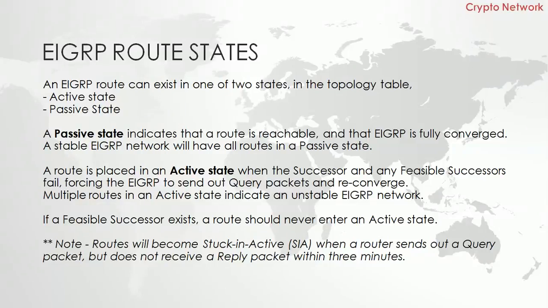Meaning, when EIGRP loses a route and there is no feasible successor, the route will go from passive to active and the router starts sending queries to its neighbors. And if the router doesn't receive a reply in response to all the outstanding queries within 1 seconds, it will put the route in SIA, stuck in active state, and drop the neighbor adjacency.